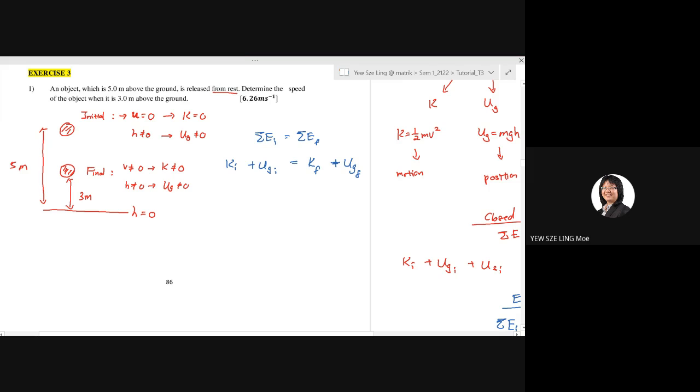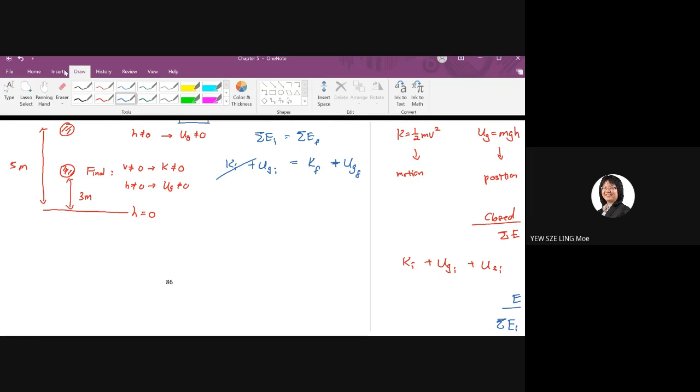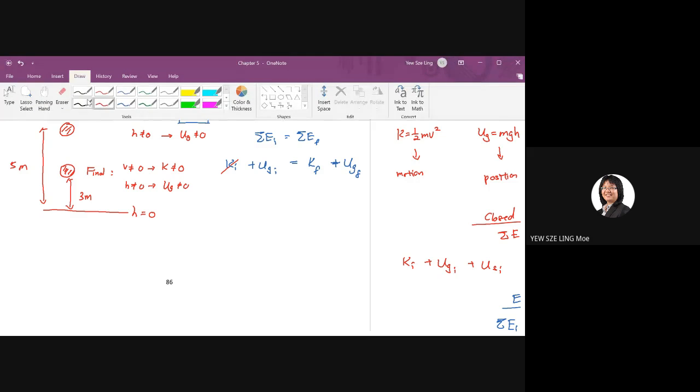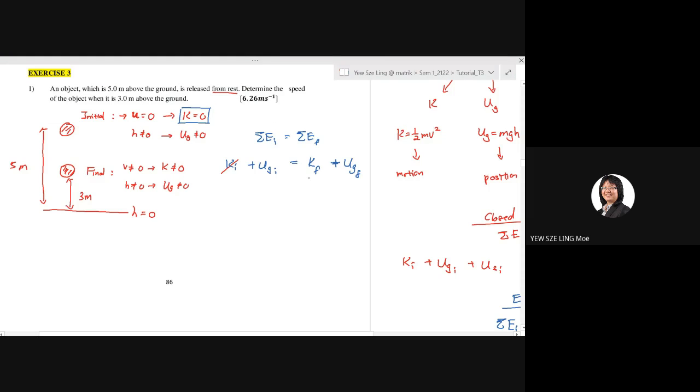According to my analysis in the diagram, I have K initial equals to 0. So I write it down first, then I cancel it. So the remaining part will just be UG initial equals to K final plus UG final. So mgh initial equals to K final plus mgh final.